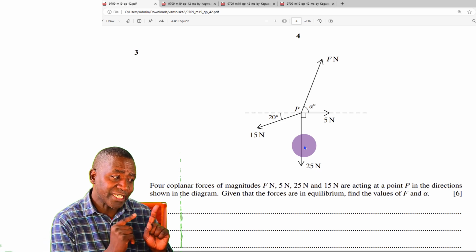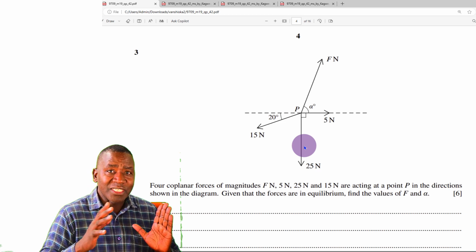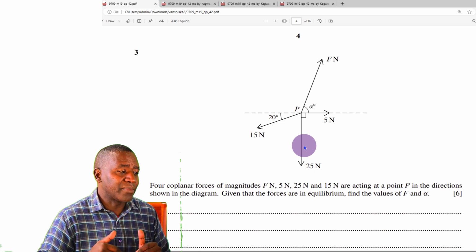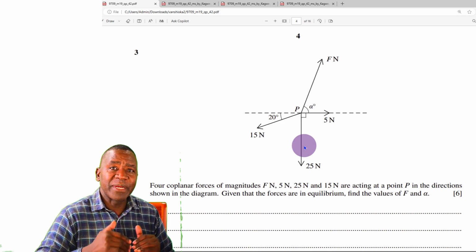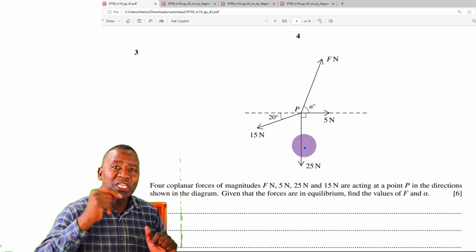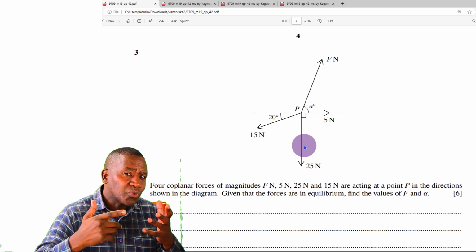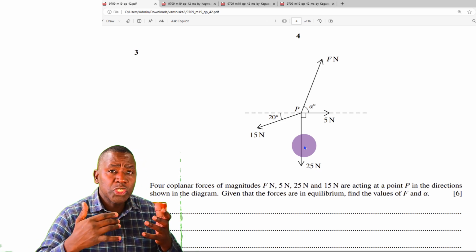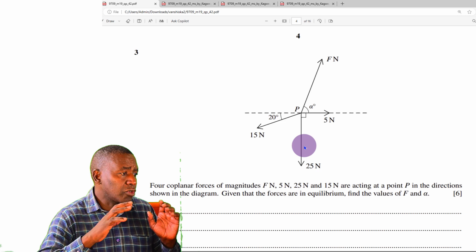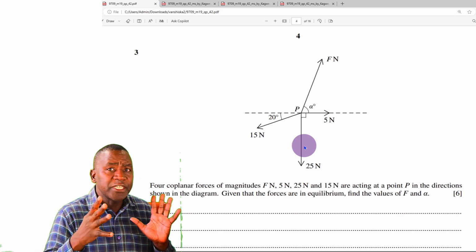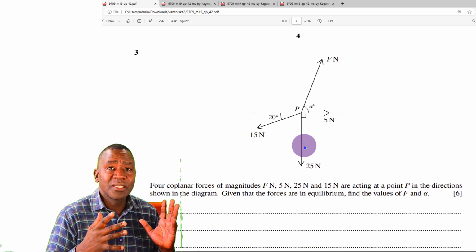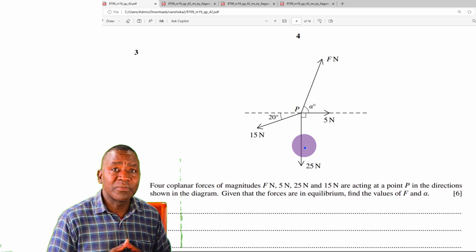You've been told the state of the system is such that the system is in equilibrium. The forces are in equilibrium. That means the resultant force is zero. And then the next question would be, how do we solve a question that has got so many forces in different directions and you are told that the resultant force is zero?